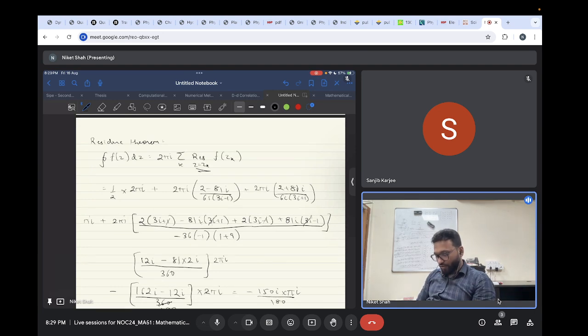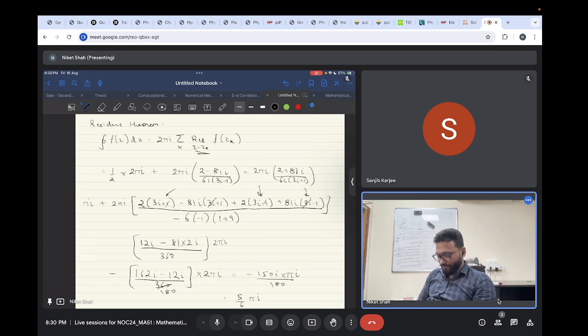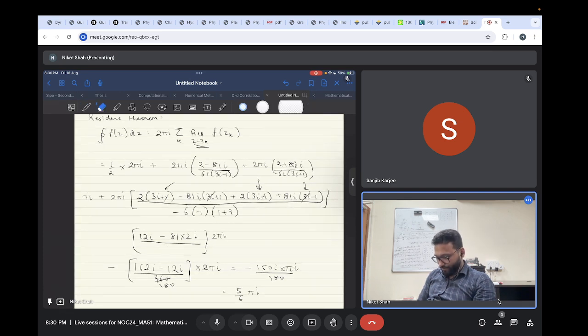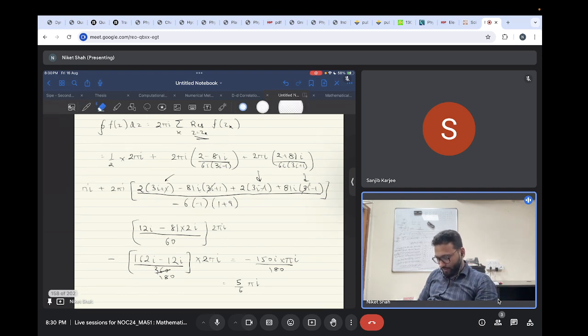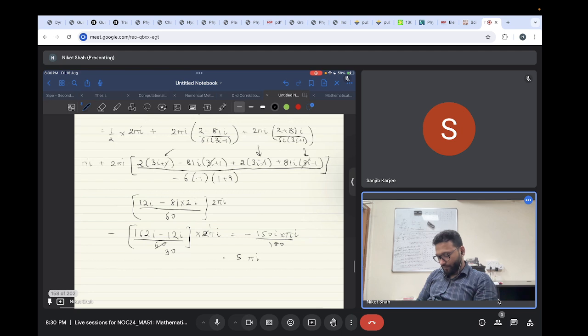So here, while normalizing, I should not have multiplied 6 with 6, because here I am just multiplying by 3i plus 1 and 3i minus 1. So there is no 36 here, there is only 6. So it was just 60 and not 360. And because of that, this simply becomes 30. So this gives you the proper 5 pi i. Therefore, pi i plus 5 pi i, 6 pi i, is the integral.